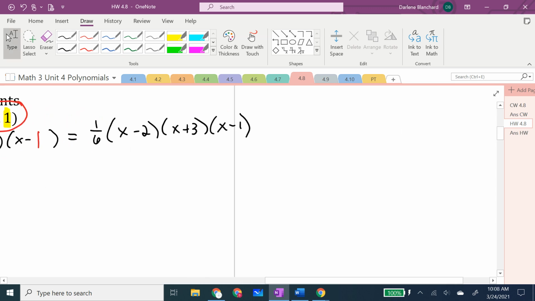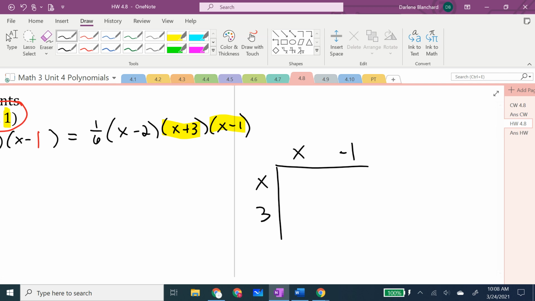So pick any 2 of these at a time. So let's see. How about I do these 2 first? I don't know if that's what I did in the answers, but just know that you don't have to multiply in the same order as I have on the answer key, but you can only pick 2 at a time. And my advice is wait on this 1/6 and multiply it through at the very end.